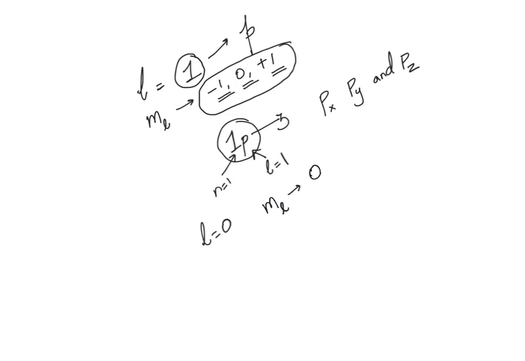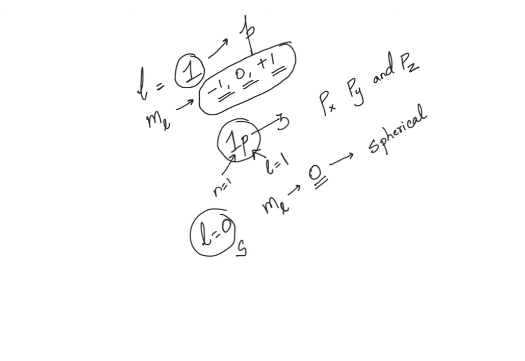So if L is 0, that means for an s sublevel, there's only one orbital, with m sub L value 0. This is a spherical shaped orbital that we saw in the last video. In the next video, I'm going to show you each of these orbitals and talk to you about the shapes.